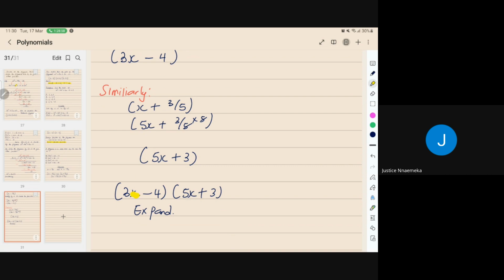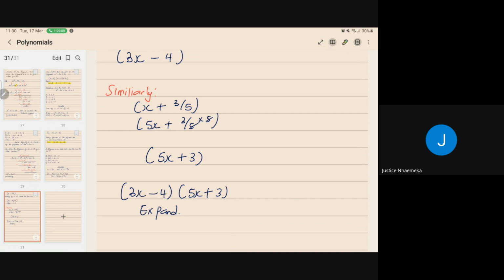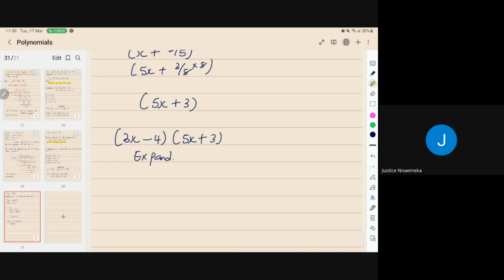So when we expand, 3x times 5x will give us 15x squared. That's 3x times 5x, 15x squared, right? This times this is this. 3x times 3 will give us plus 9x. Then minus 4 times 5x will give us minus 20x.